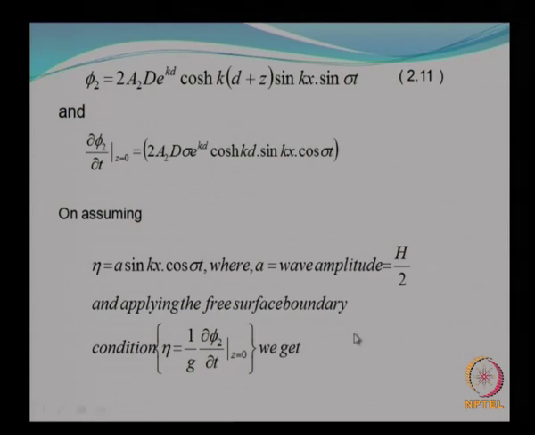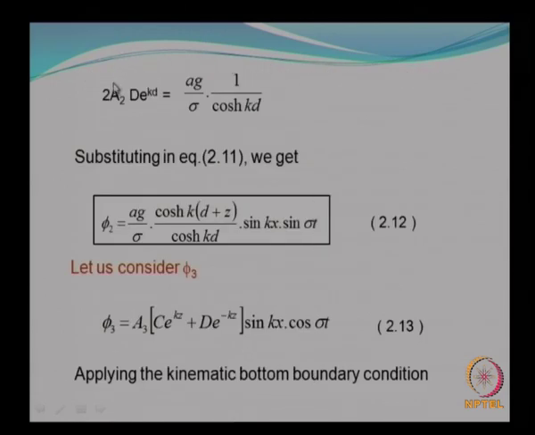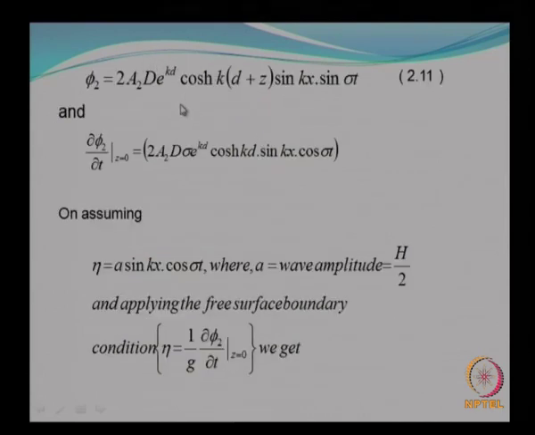Herein A is nothing but the wave height divided by 2, and the free surface boundary condition is given here. We apply the free surface boundary condition to get this expression. So now you see that we are trying to tackle two constants at one time.